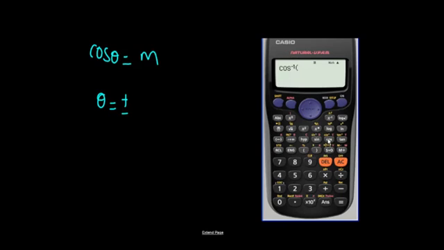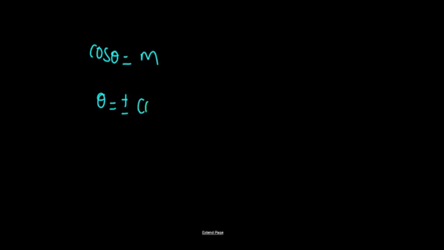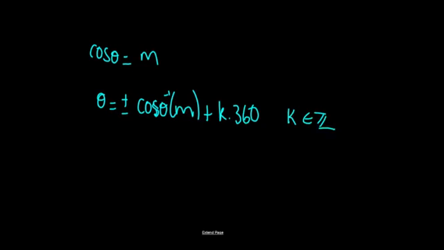So theta would be equal to plus or minus cos inverse of m, that's your calculator step, plus k times 360. So that's the way you would solve cos equal to some ratio. K is an element of integers, because remember you substitute values in for k. So cos theta is equal to some ratio, theta can then be found by saying plus or minus your reference angle plus k times 360.